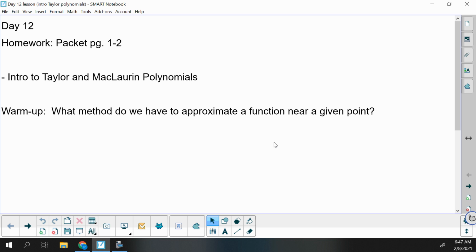And the thing that you've been using since last year is our linear approximation. And with linear approximation, the idea is that close to the point of tangency, the linear approximation of your curve is a good representation of your curve.